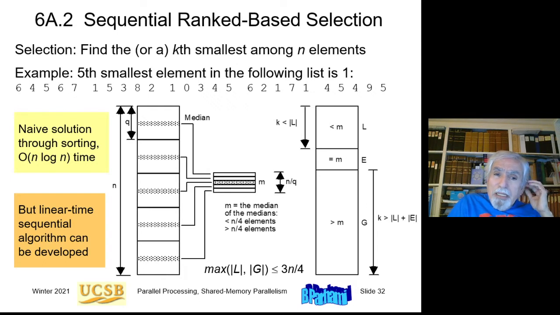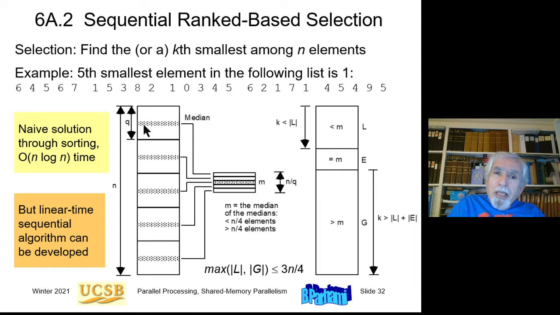I divide the list of n elements given to me into small lists of size q. q is a constant, and later we will determine it to be 5. But for now, don't worry about what size these sublists are. So these sublists are of size q, so there will be n over q such sublists.